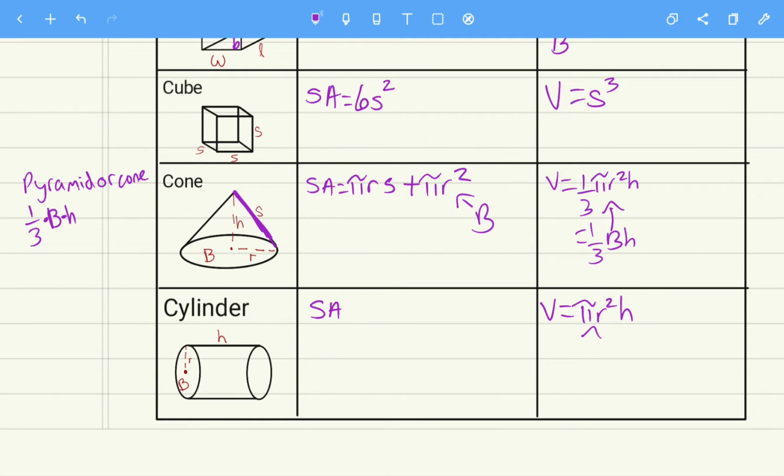Multiply that by the height. And now the surface area is 2 pi r times the height plus 2 pi r squared. And again, that is our base.